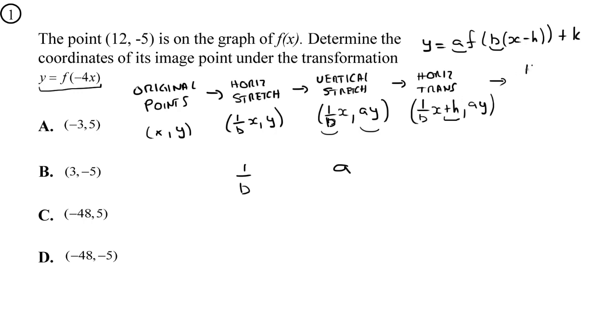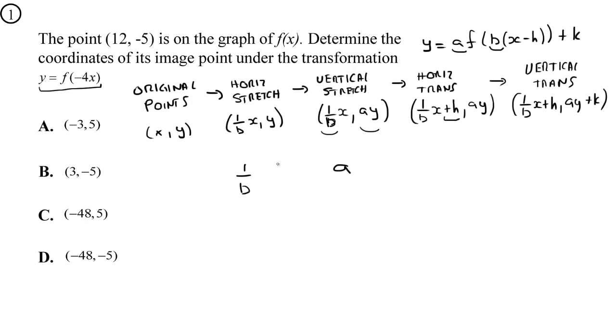This can be a little confusing, but if you get it straight in your head, it'll stay that way. Okay, and the last part is the vertical translation. So this is (1 over b x plus h, a y plus k). So this is all the different transformations that can be done to the point (x, y).